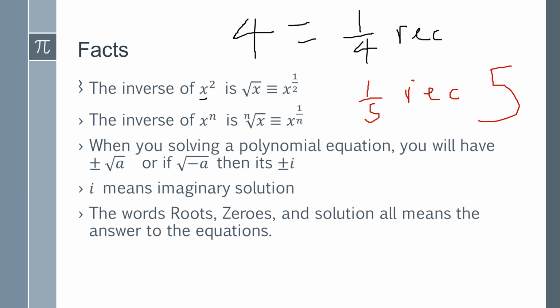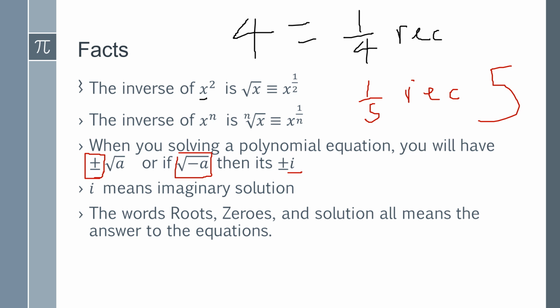Alright? So when you solve the polynomial equation, you're going to have, in most cases, 2 solutions. Or if you have a negative number in the square root, which you can never have, but if you do, it becomes imaginary.